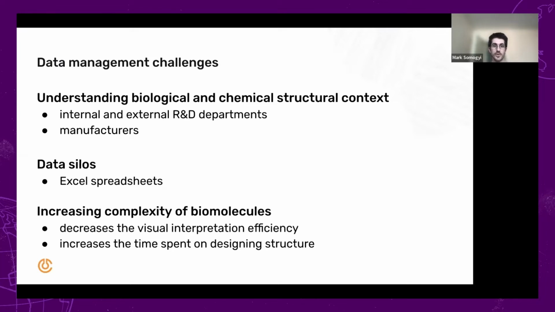The same is true when you outsource a portion of work in the form of contract work or contract manufacturing, when you assign a third party to do custom synthesis work. The other recurring issue is Excel spreadsheets, which create data silos and make the whole R&D process less efficient and productive.